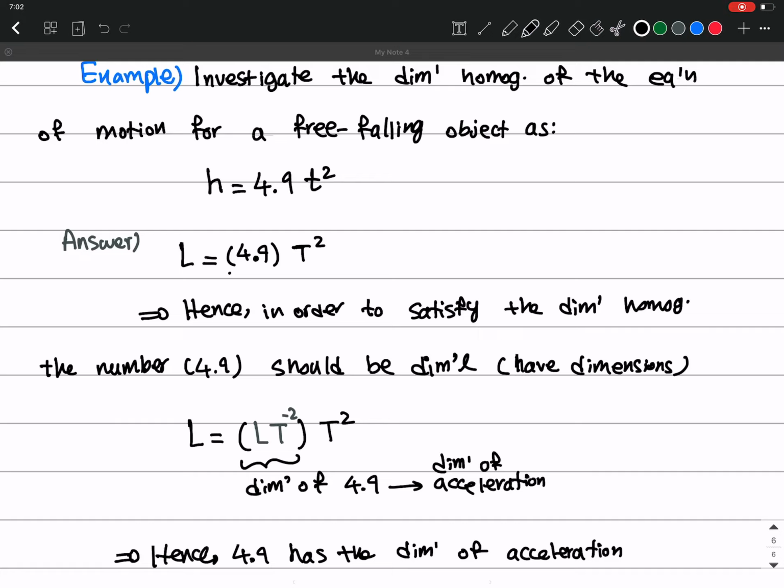Even if you add this to another term, say 8, you can find the dimension of this number 8 by using dimensional homogeneity, and in fact it should be length, right? Because the dimension of the left hand side is length, so we should have the same dimension, because we can only add length with length.